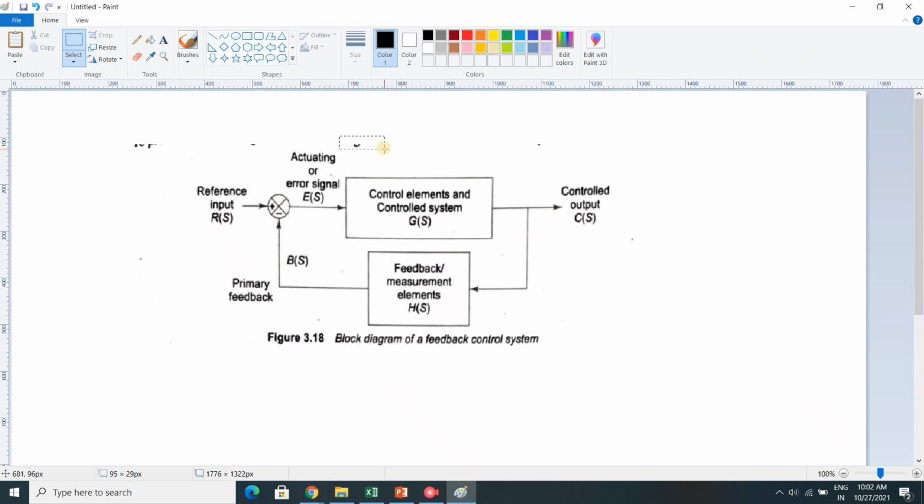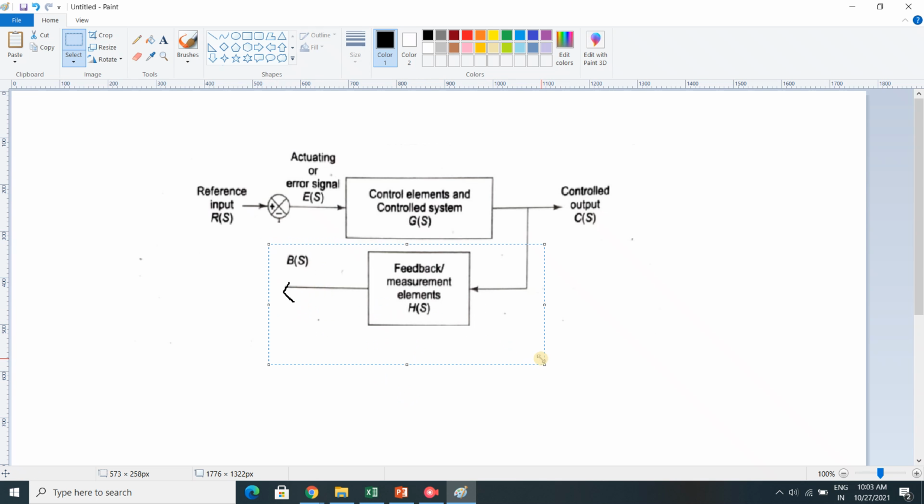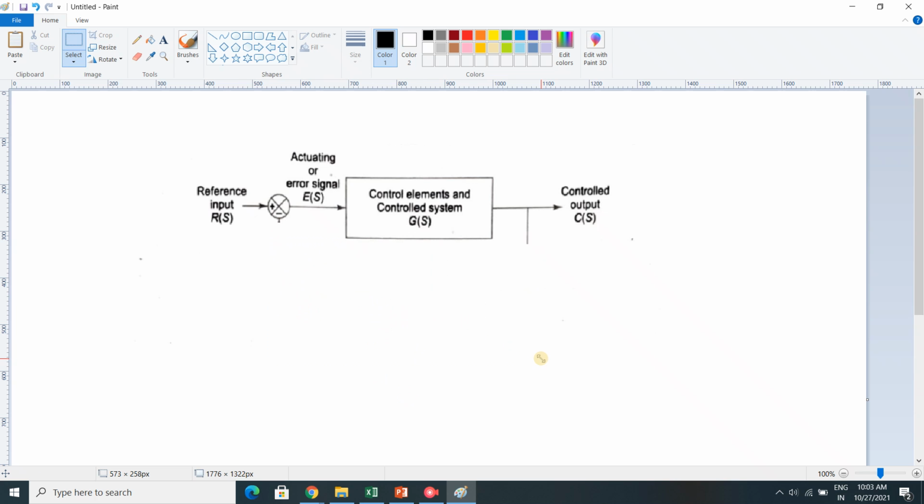Now I omit this particular line and delete this line, as if the system has two blocks, G(s) and H(s). Open loop transfer function means the H(s) feedback part will not be there. So basically this part is not there, so it is the open loop transfer function. Input is R(s), output is C(s).